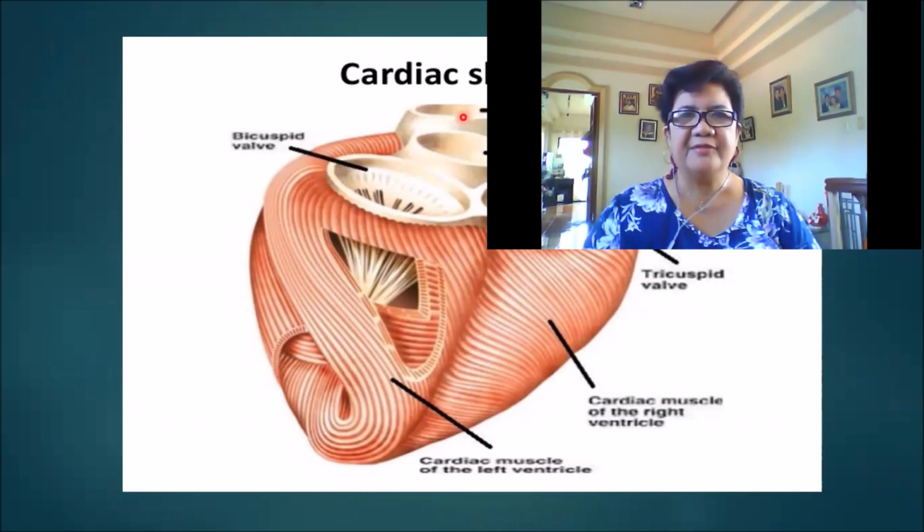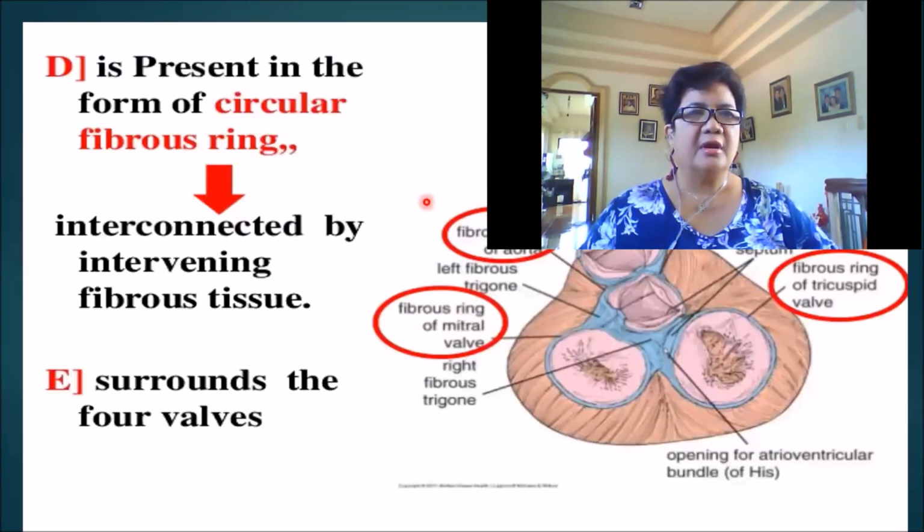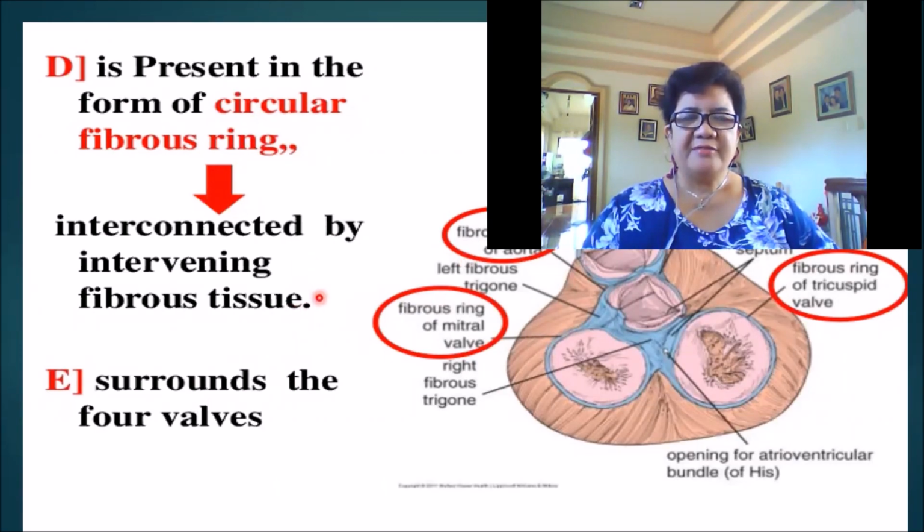So you have here the four valves: the pulmonary semilunar valve, the aortic semilunar valve, the bicuspid or mitral valve, and your tricuspid valve. And also you have the cardiac muscle of the right ventricle and the cardiac muscle of the left ventricle. These are the structures which will be the attachment of the fibroskeleton of the heart. The fibroskeleton presents in the form of circular fibrous rings, interconnected by intervening fibrous tissue.